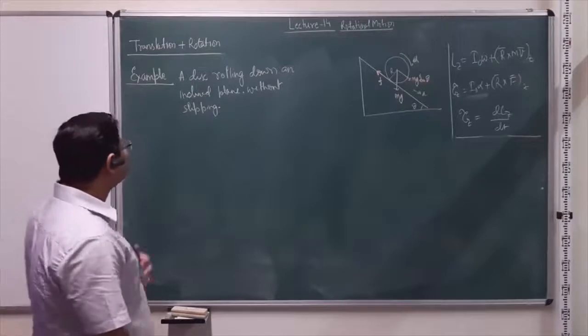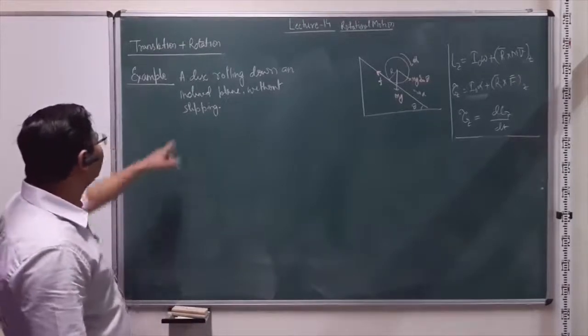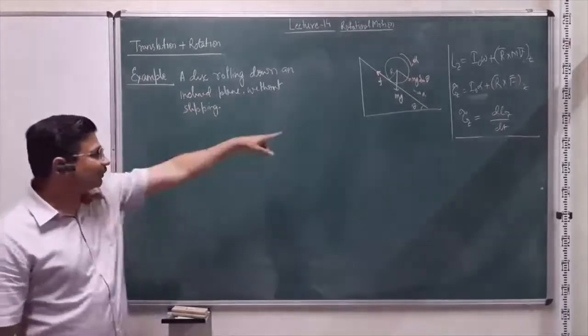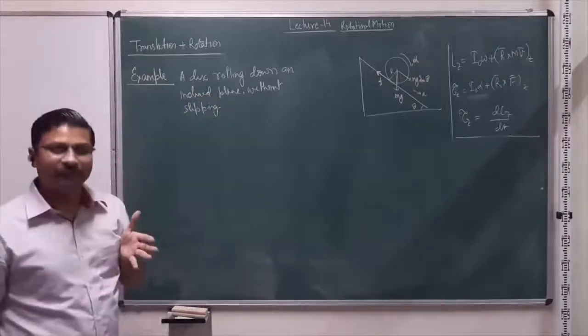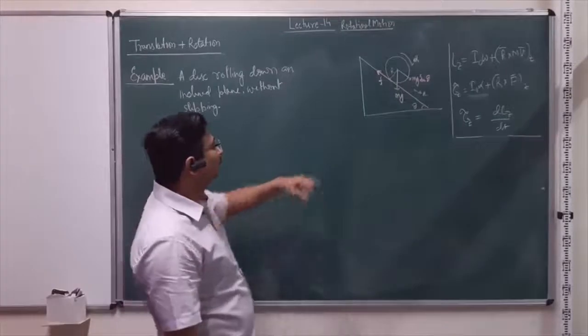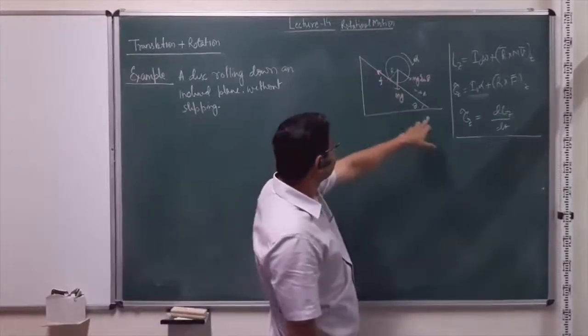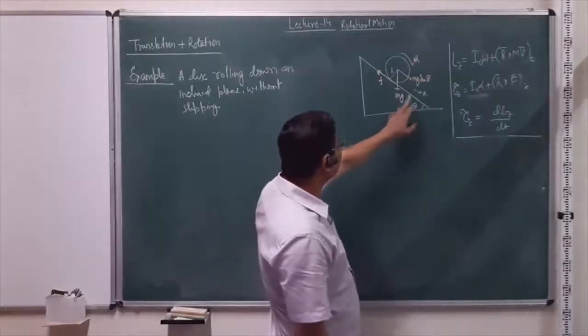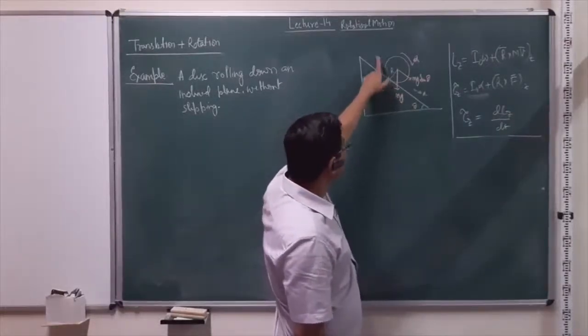Now let's take an example of a solid disk rolling down an inclined plane, as the figure shows, without slipping. I have an inclined surface at some angle theta. Theta is immaterial here at the moment. There is a disk rolling down this.